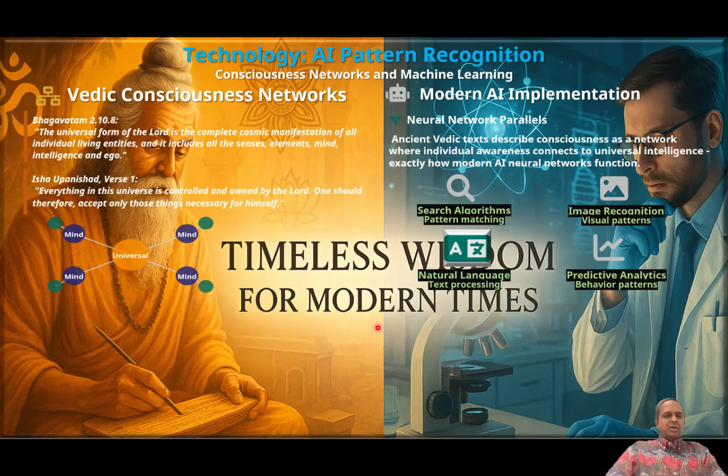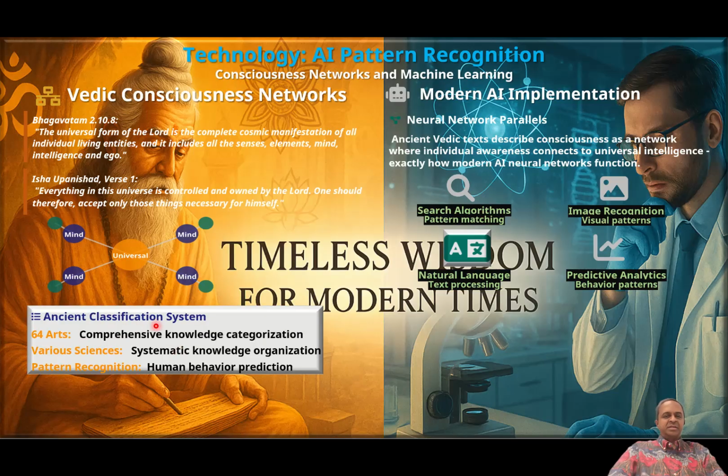Now let's look at the ancient classification system, which we had also talked briefly about. So first one is what? 64 arts, which is a comprehensive knowledge categorization system. Various sciences like systematic knowledge organization, pattern recognition, which is human behavior prediction using cyclical understanding.